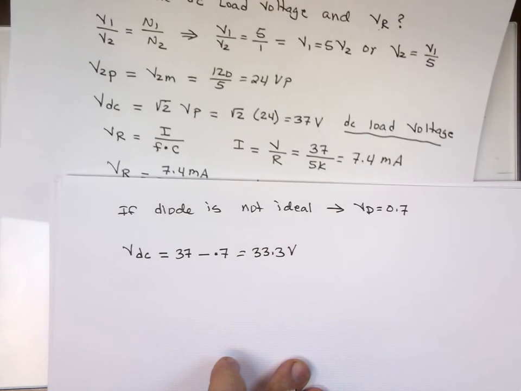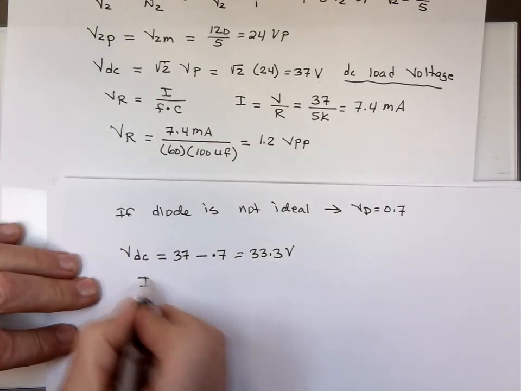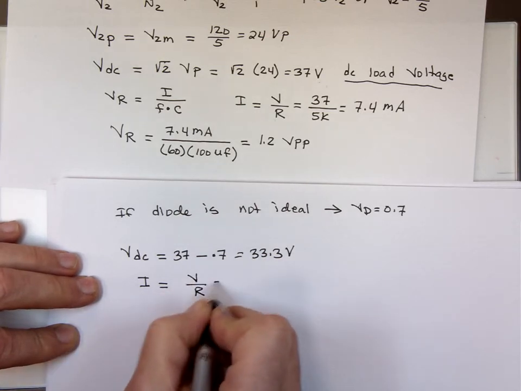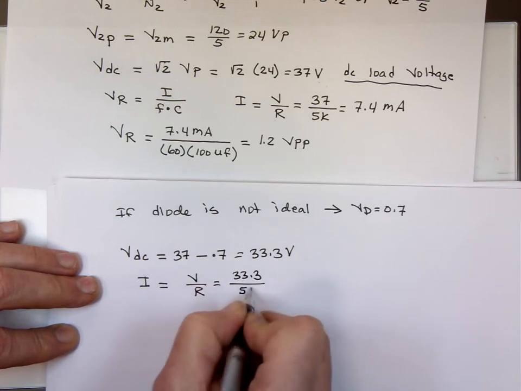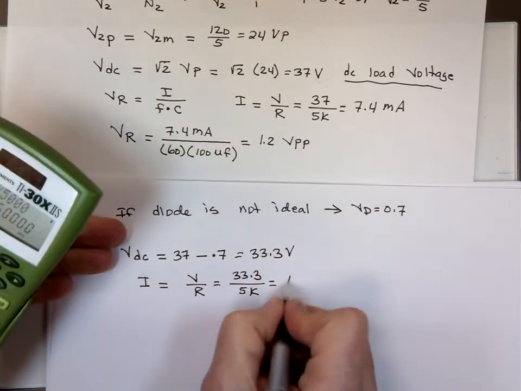And the ripple voltage, let's find the current too. We need the current. I equals V over R, which is 33.3 divided by 5K. 33.3 divided by 5,000 is 6.6 milliamp.